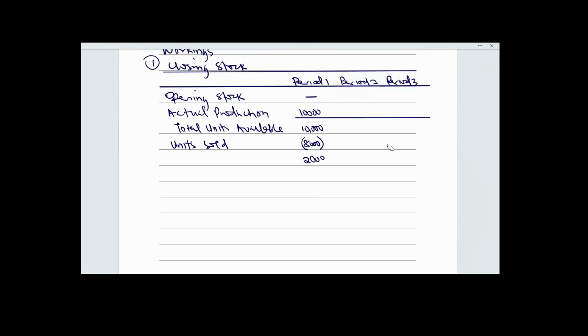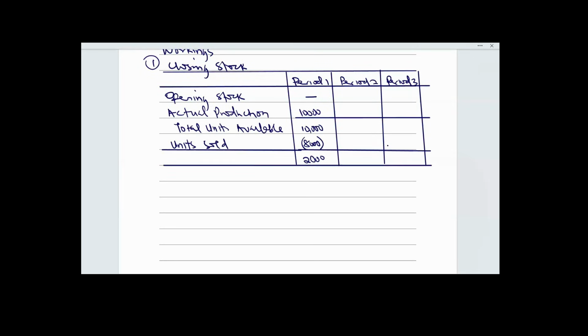So the closing stock in the first period is 2,000 units. Let me complete my table once and for all. So this is closing stock in units.